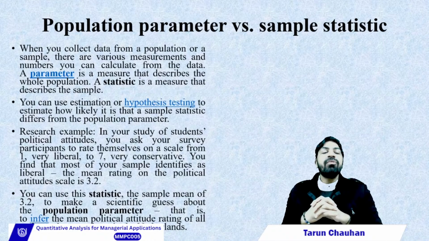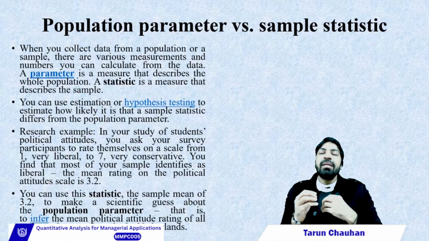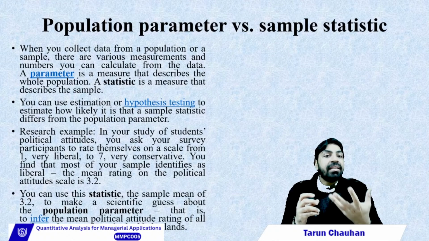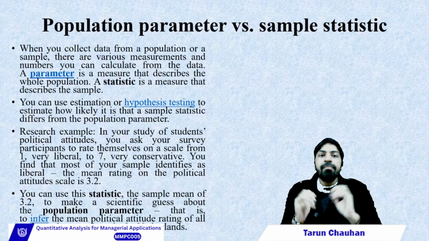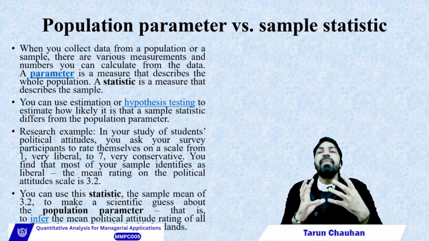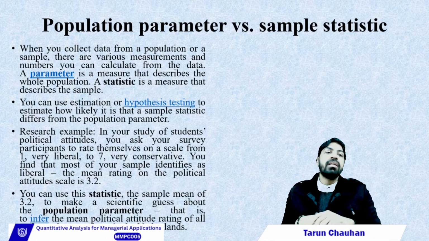Next, we come to the next concept, which is population parameter and sample statistics. When a particular researcher collects data from the population or sample, there are some numerical measurements that we need to calculate from the data.